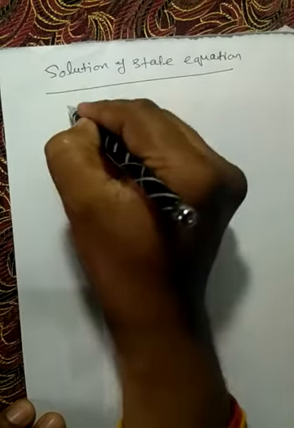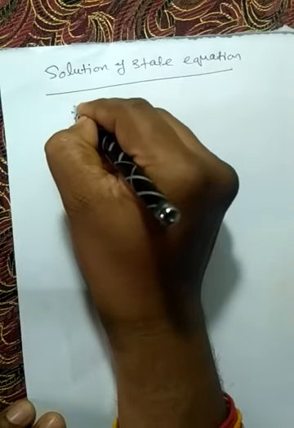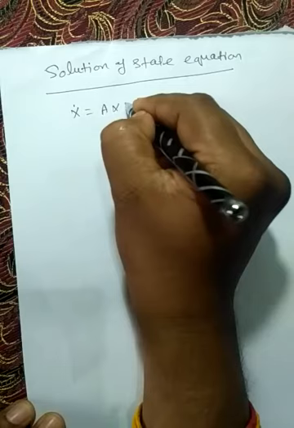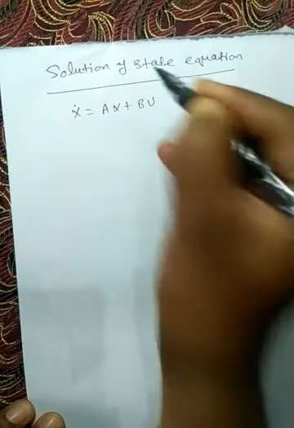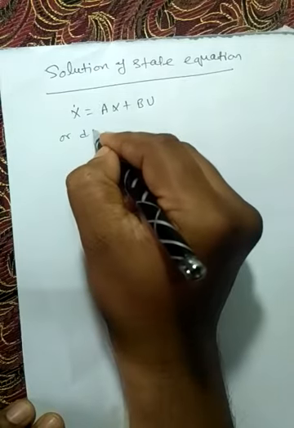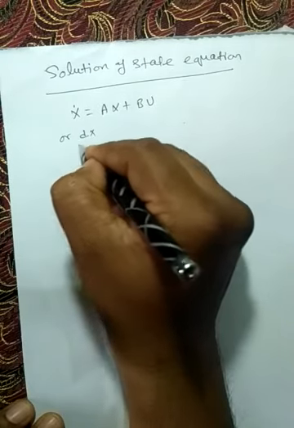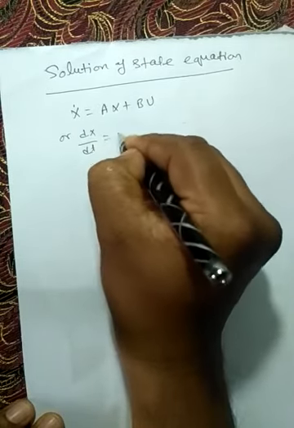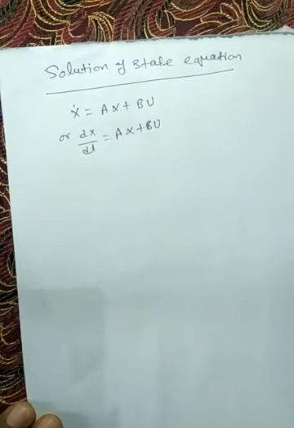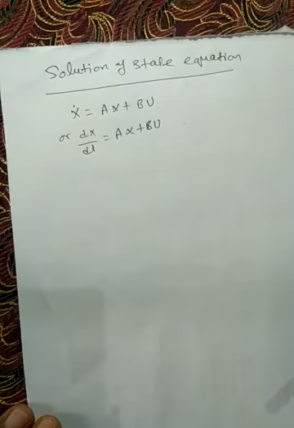Solution of state equation. We have a state equation like x dot is equal to Ax plus Bu, or dx over dt is equal to Ax plus Bu.